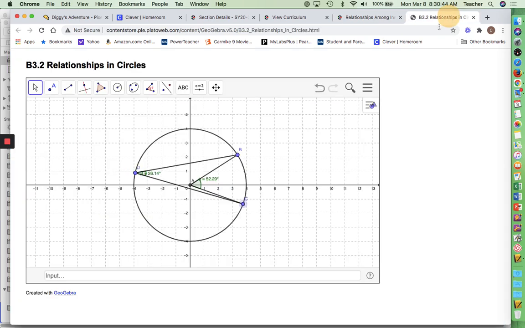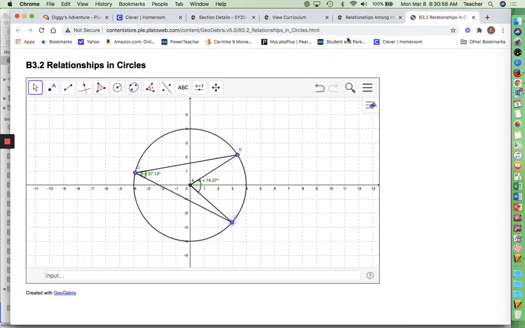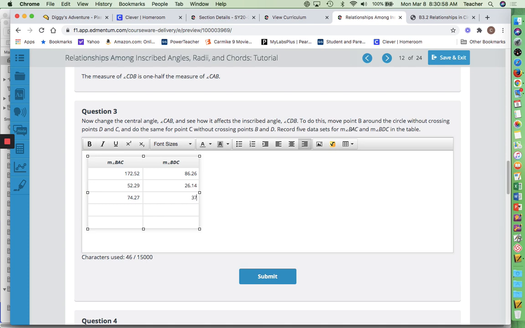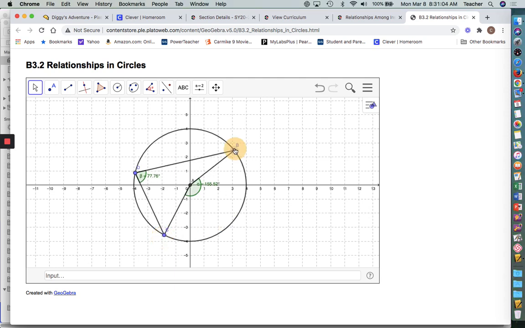All right. How about 74.27? If I divide that by 2, I get 37.13. All right, I got 222.61.